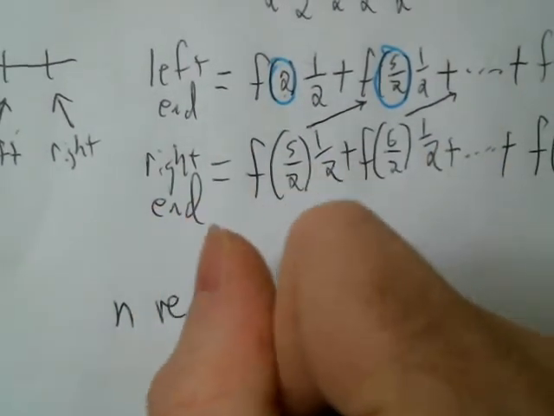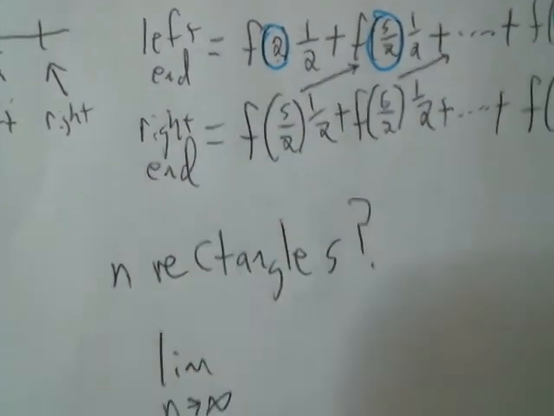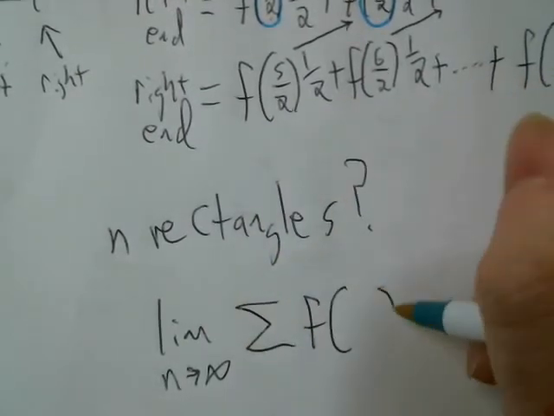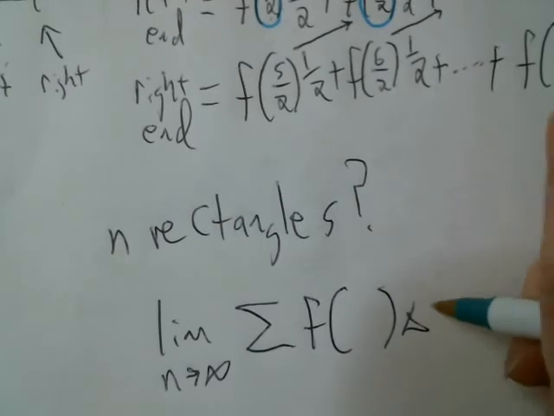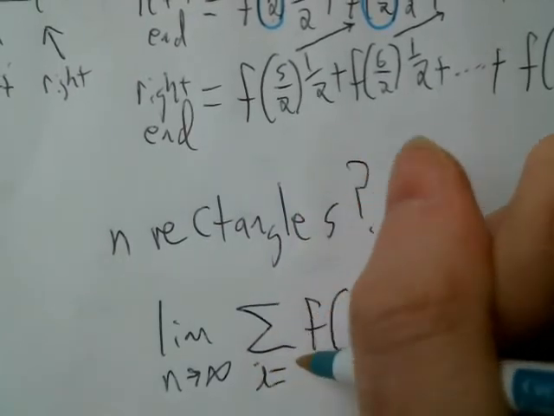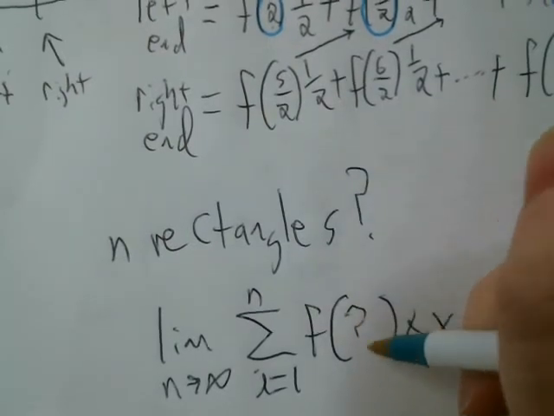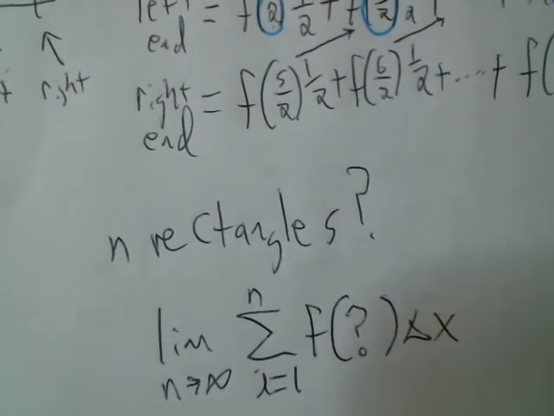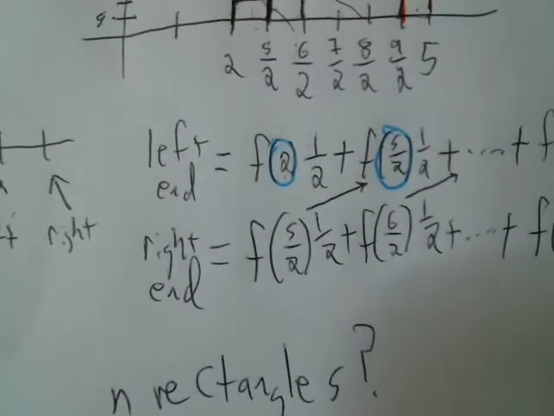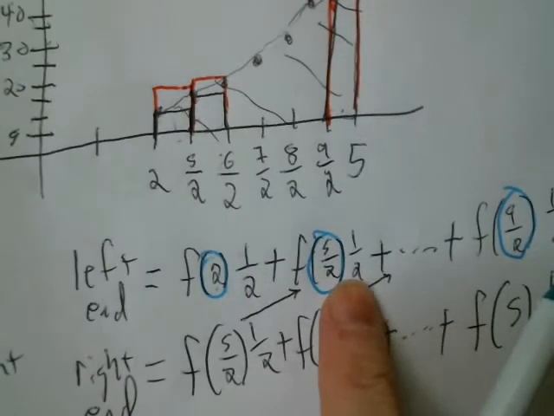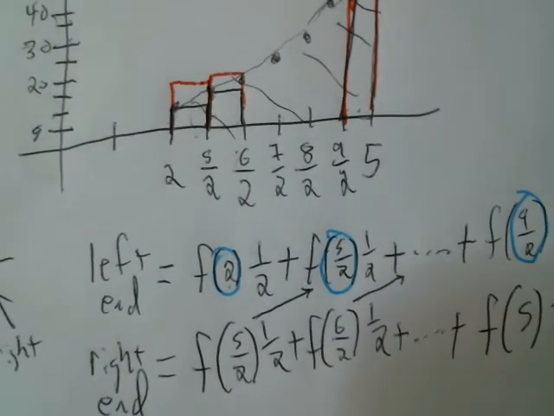So I have to be taking the limit as n goes to infinity of the sum of f of whatever times change in x as i varies from 1 to n. Okay, so I need to figure out what goes in here, and basically it's a formula that's going to produce these numbers 2, 5/2, and so on.